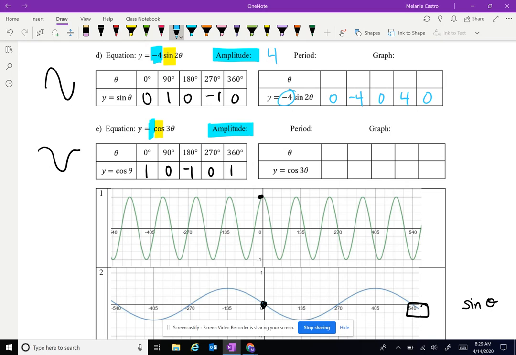So we would be looking for a graph that's oscillating between a max and a min of 4 and -4, and has a period of 360 divided by 2 because of that 2 in front. So if we do 360 divided by 2, that period would be 180. And all of these numbers would be cut in half.